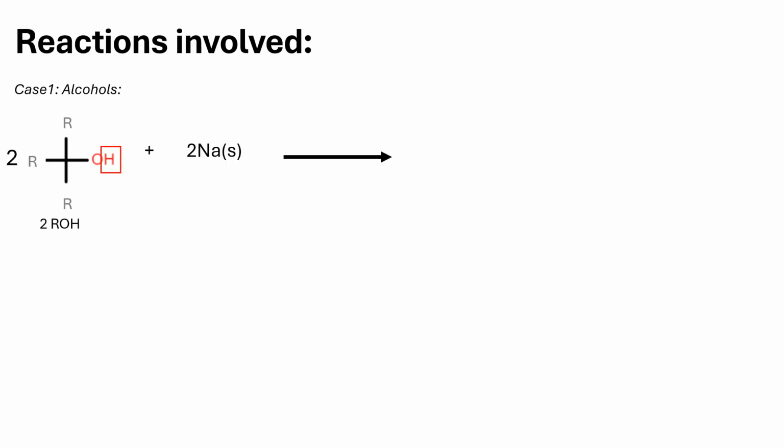So here we learn what the reactions involved in this experiment are and what products are formed. We have first the case of alcohols. We have two molecules of alcohol reacting with two sodium atoms to produce two molecules of an alkoxide salt, and of course the release of hydrogen gas, which is an indication of a positive test.